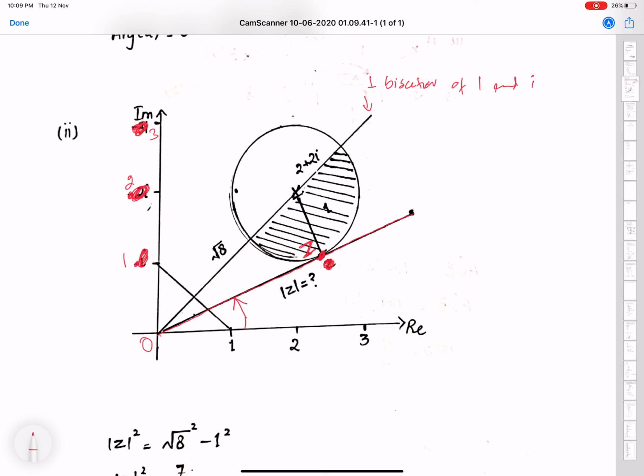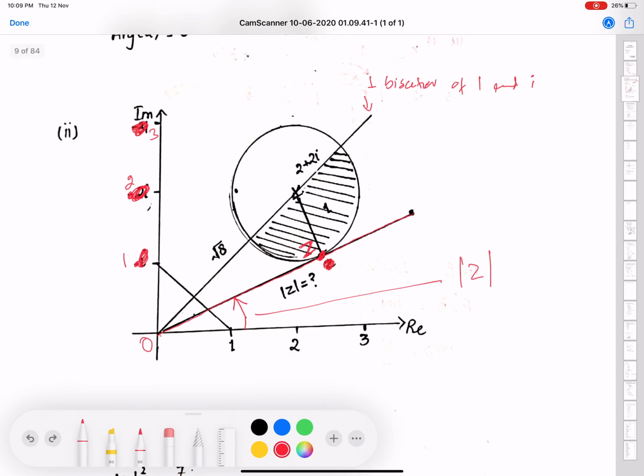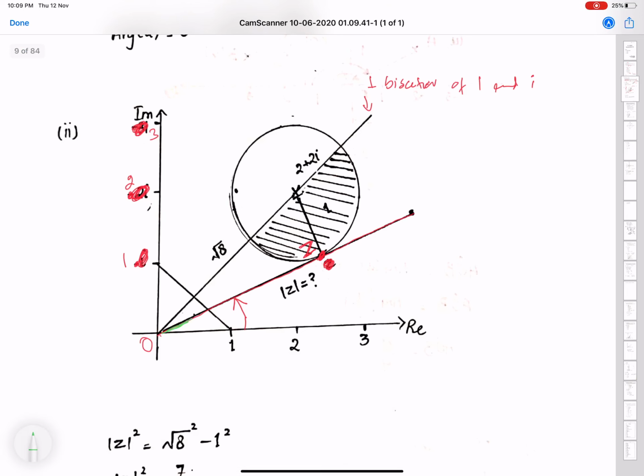It's mentioned find modulus z when argument z is smallest. So basically we need this distance, OZ. And this is very simple. By using a right angle triangle, we can easily get this distance.